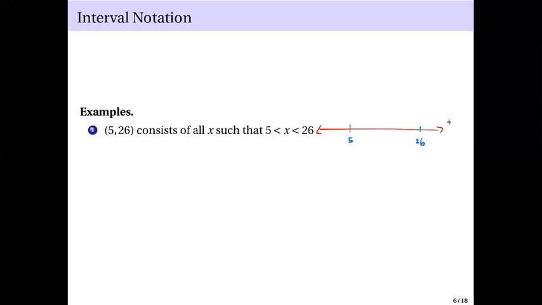So we have open, and then we also have this open because we have the open interval. And then all the numbers in between will be the one we are looking for. Okay, so this is the interval 5 comma 26, excluding 5 and 26.